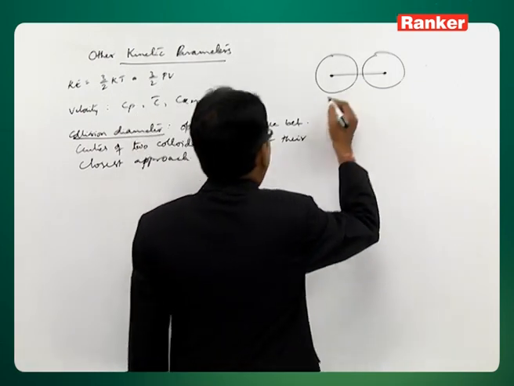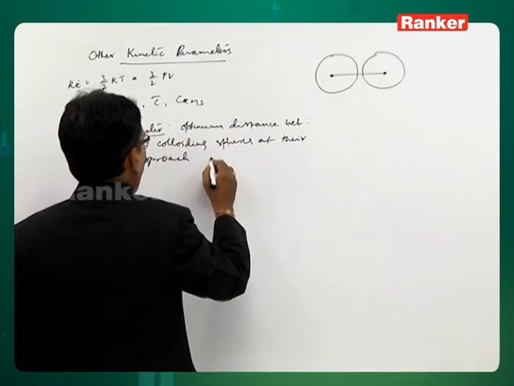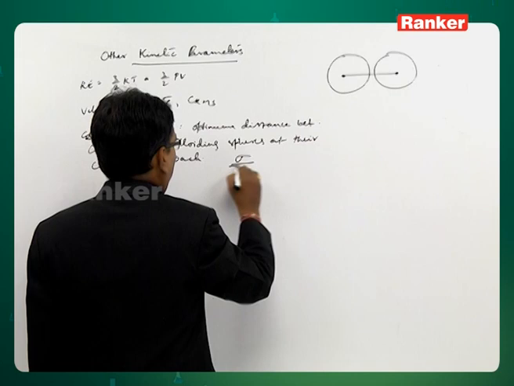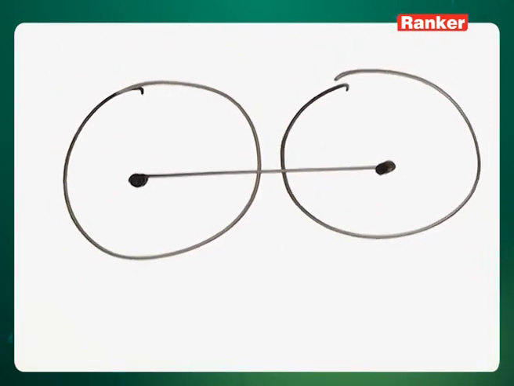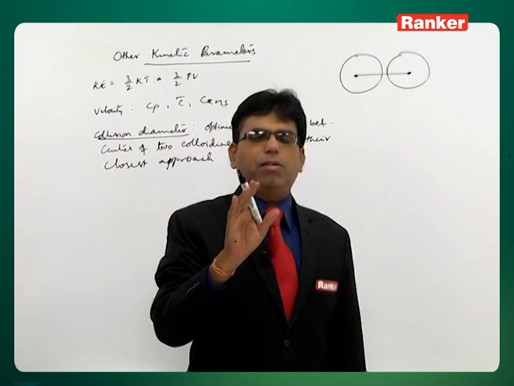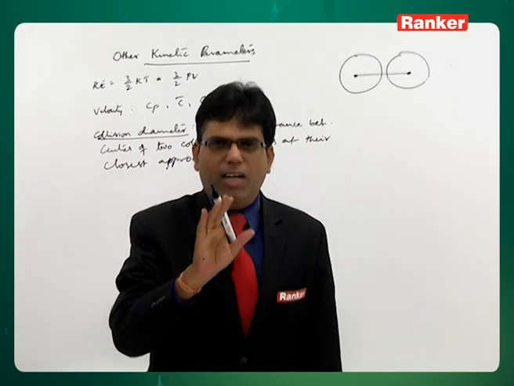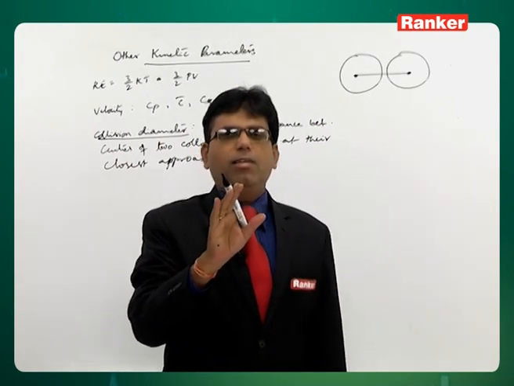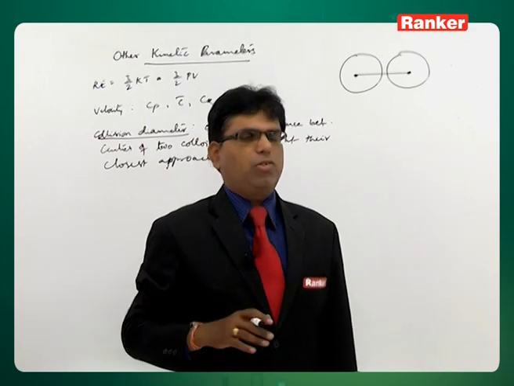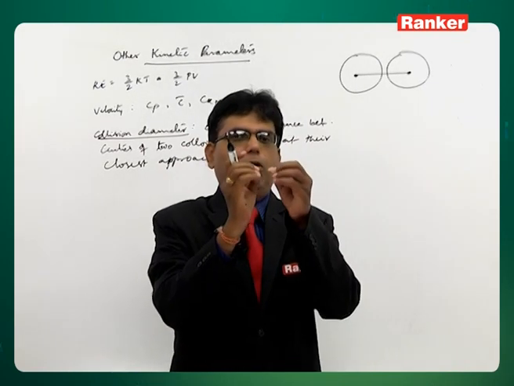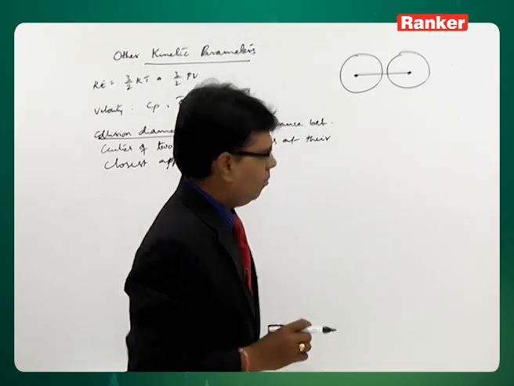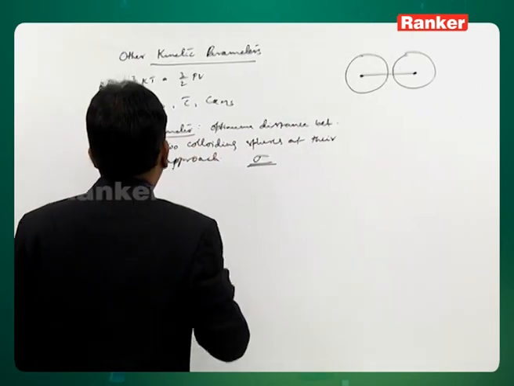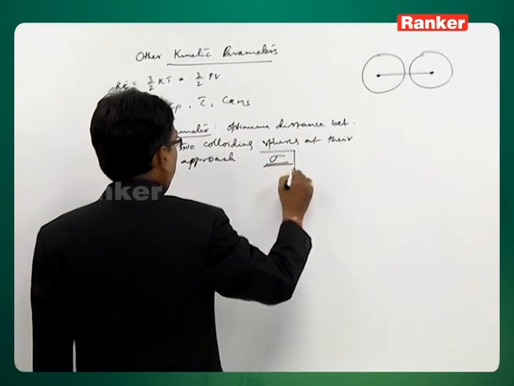This collision diameter is represented with the symbol sigma. It will always be slightly more than the sum of the radii of the two colliding spheres, because there will be some optimum gap between the two colliding molecules.